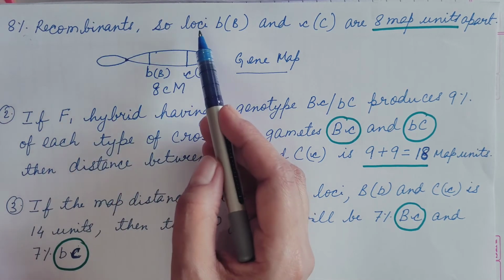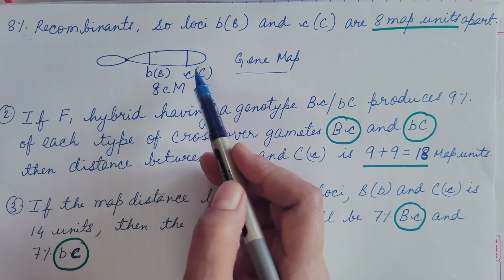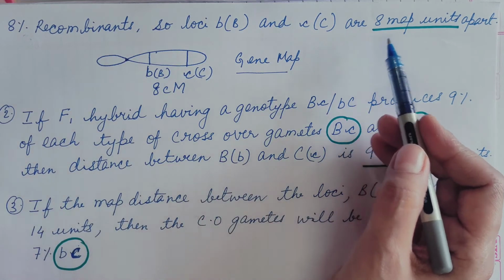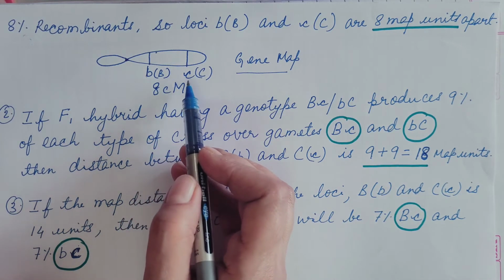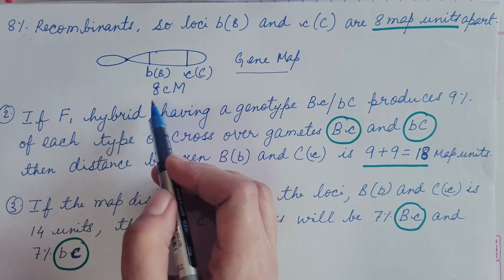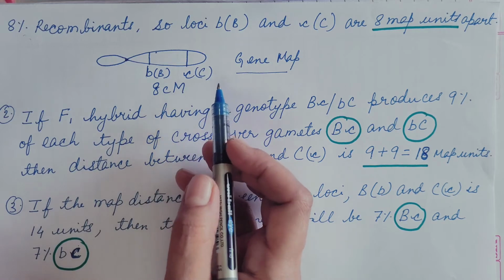Recombinants are 8%. So, loci B and C are 8 map units apart, or loci B and C have a map distance of 8 centimorgan.